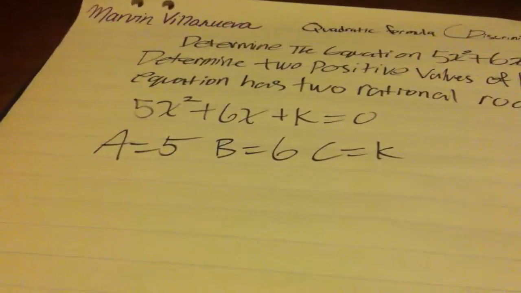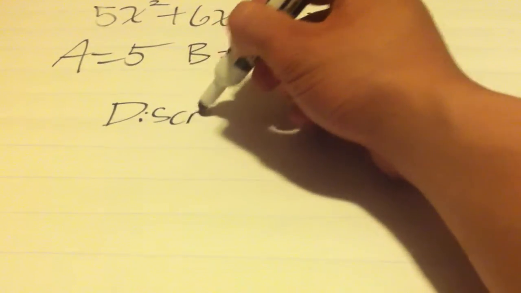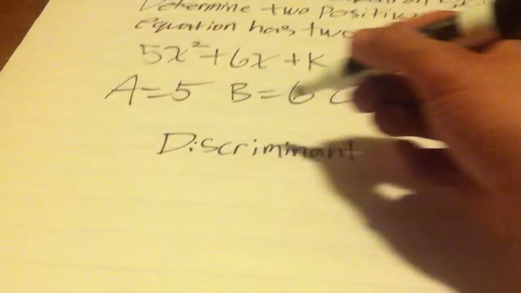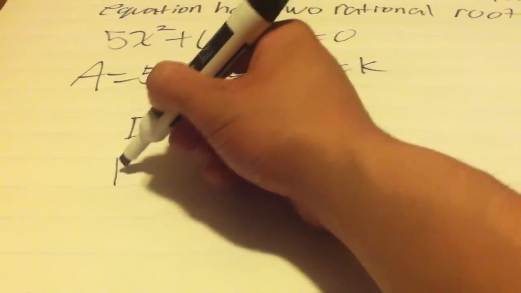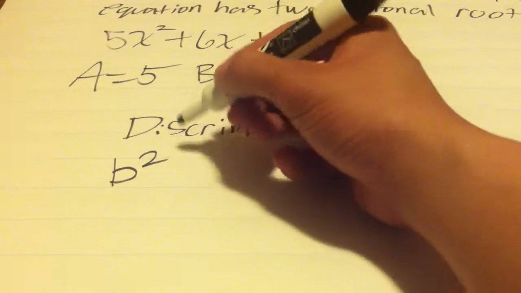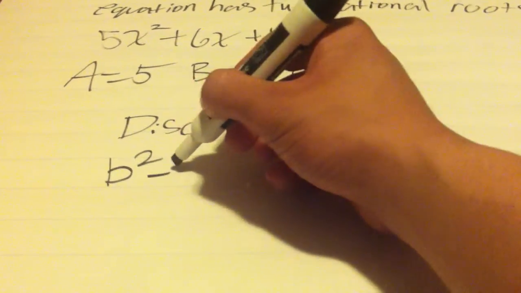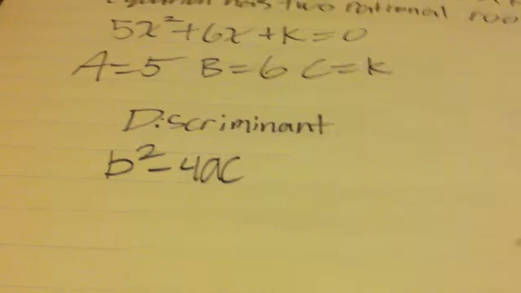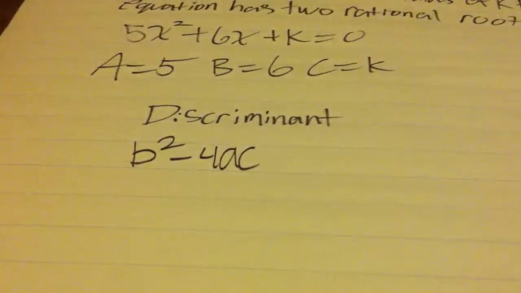With that, I also write on the side the discriminant, the formula for it. So it will go right here. Discriminant: b squared minus 4ac, which, let's just plug in the letters.